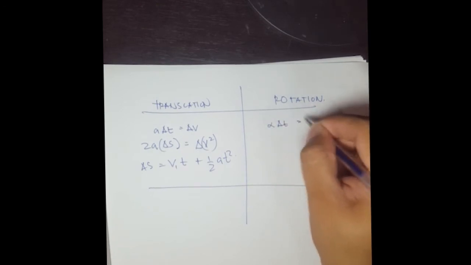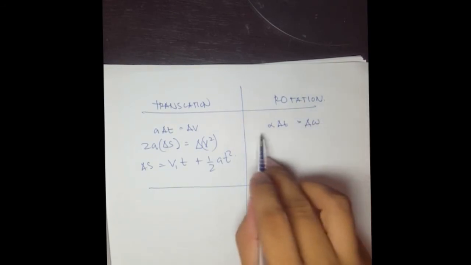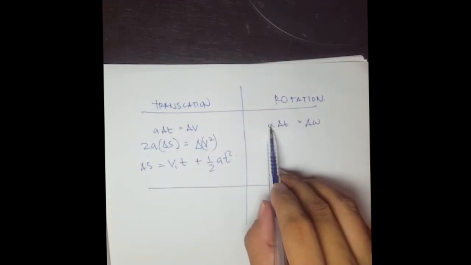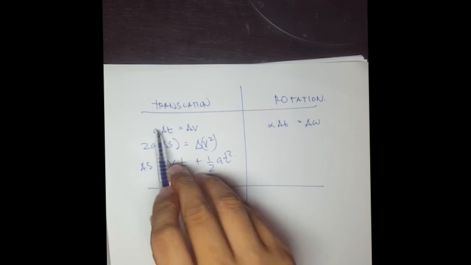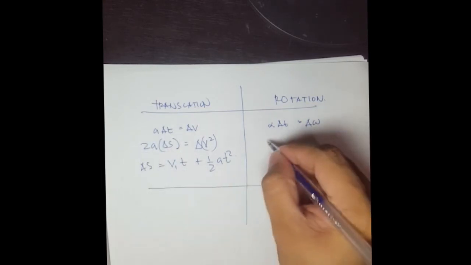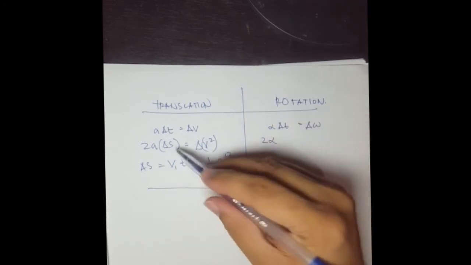Delta t is the same, and then delta v. What's delta v? That's delta omega. So it looks really the same. Essentially, they're just the same, except that this one means the linear thing, this one is the angular thing. So for this equation, second equation, we have 2 alpha, and then what's delta s?